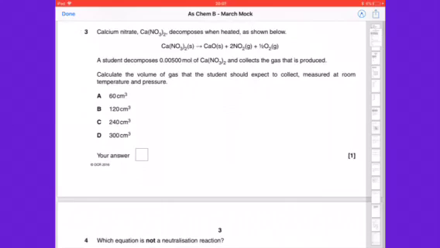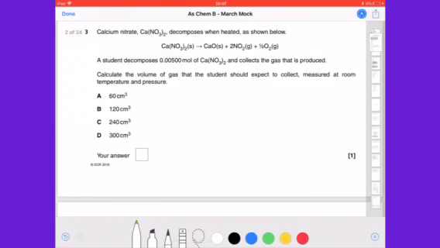And question 3, in order to do this correctly, what you need to understand is, one, there is a mole ratio in the equation, and firstly, that mole ratio is 1 mole of solid, which goes to 2.5 moles of gas. That is the 2 moles of NO2 and the half a mole of oxygen gas.